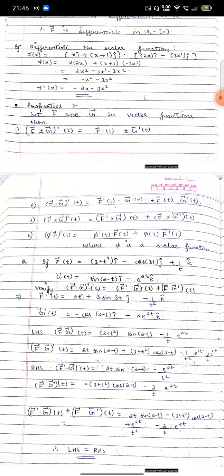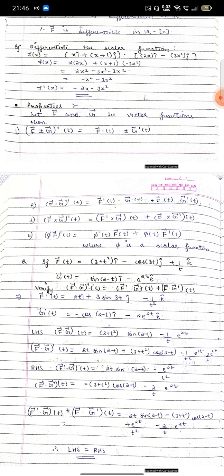Then from the RHS, f' · g(t) = 2t sin(2 − t) + e^(2t)/t². Then f · g'(t) = −(3 + t²) cos(2 − t) − (2/t) e^(2t).